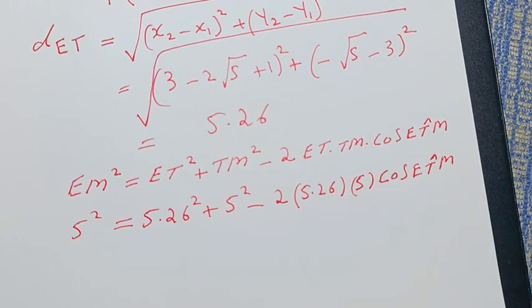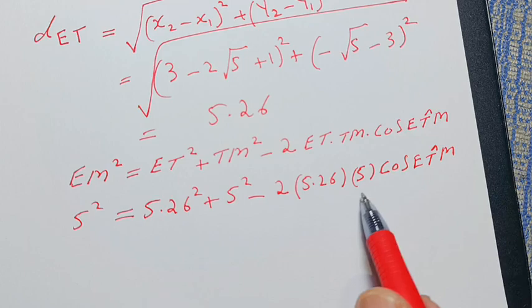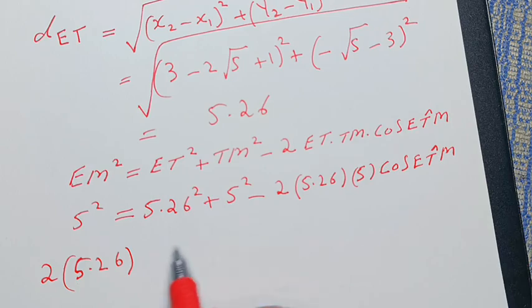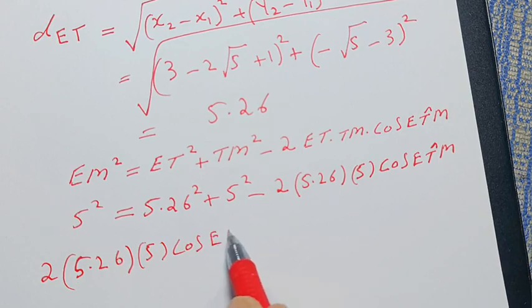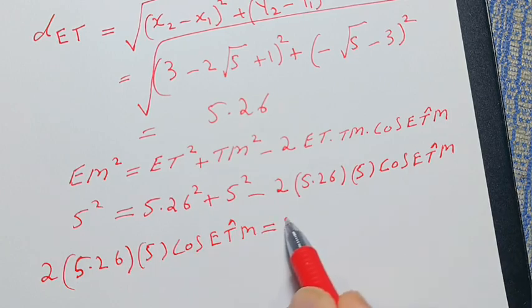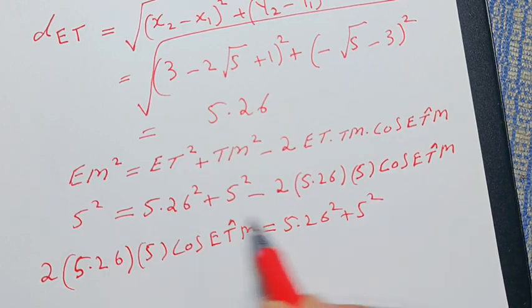Now I can manipulate this formula, and this side becomes minus, that becomes this side positive, so 2 times 5,26 and multiply 5 cos ETM is equal to 5,26 square plus 5 square, this becomes negative 5 square.